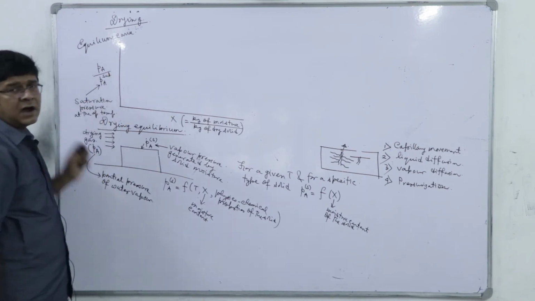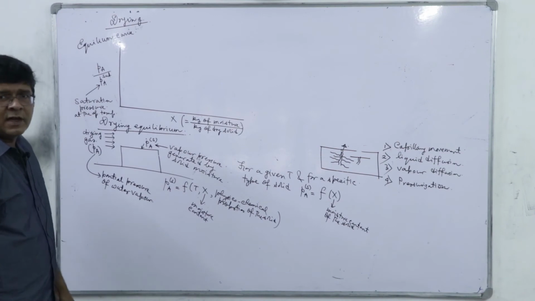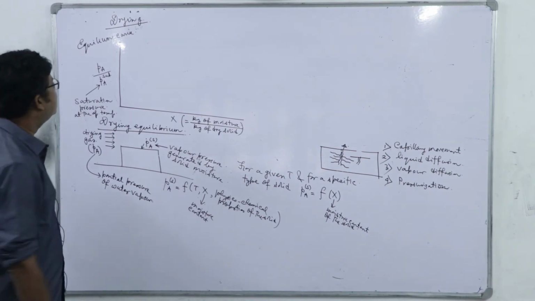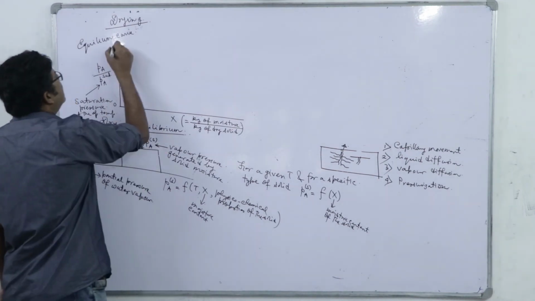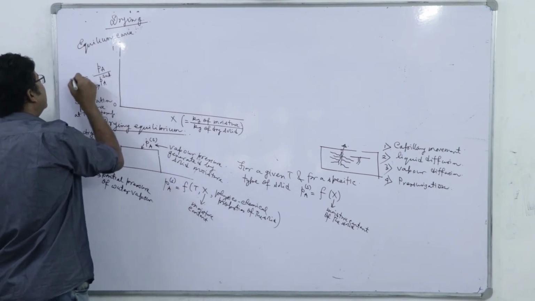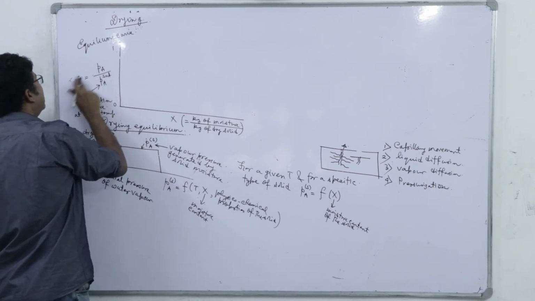So, this is a curve for a fixed temperature. As we increase the temperature, the drying curve is going to change. So, it is from 0 to 1. It is basically the relative humidity term, RH.